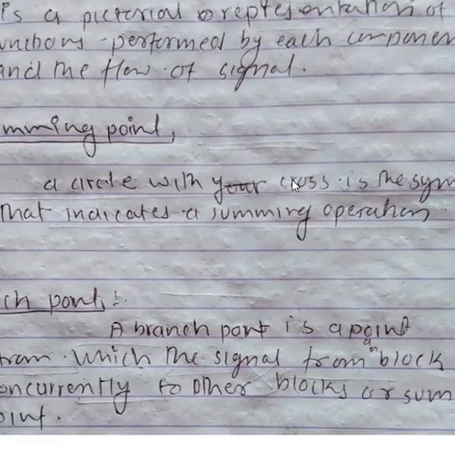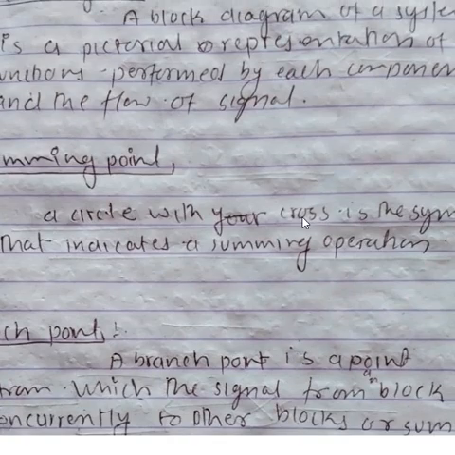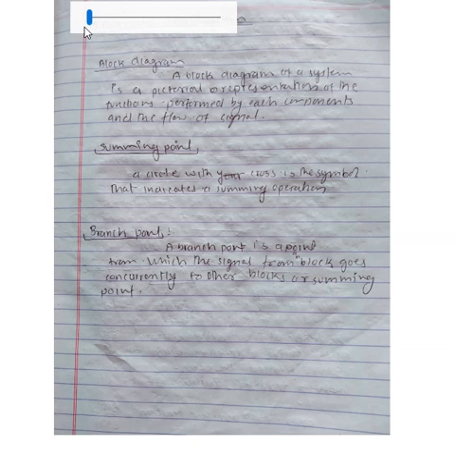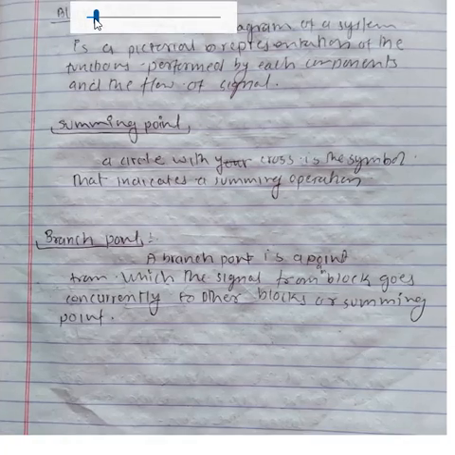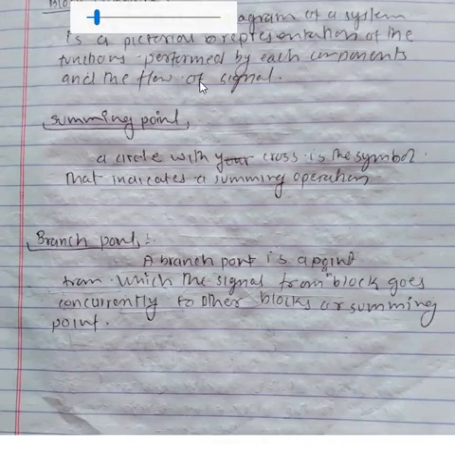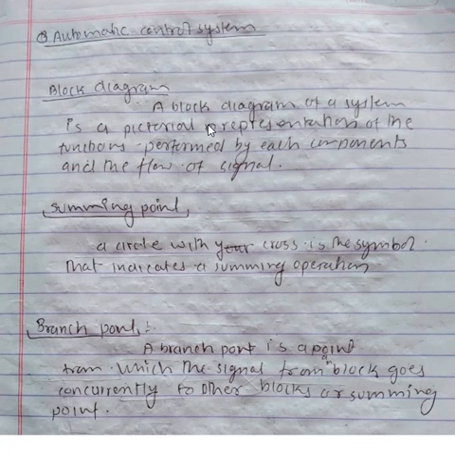Let's move to the automatic control system. Before going to the automatic control system, let's know about what is a block diagram. A block diagram of a system is a pictorial representation of the function performed by each component and the flow of signals.